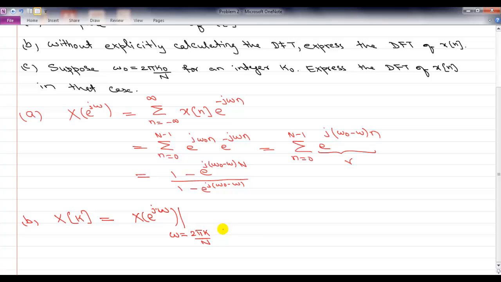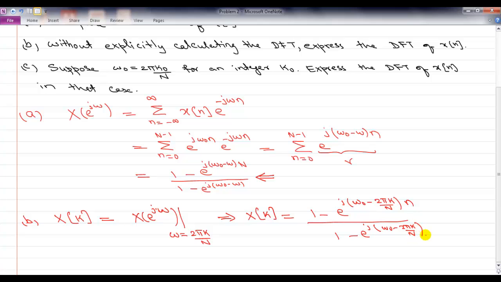The DFT is nothing more than samples of the DTFT of your sequence. So all I have to do is, this is my DTFT, I just sample it every 2 pi k over N. So this means that X[k] equals 1 minus e to the j (omega naught minus 2 pi k over capital N) times little n, over 1 minus e to the j (omega naught minus 2 pi k over N).